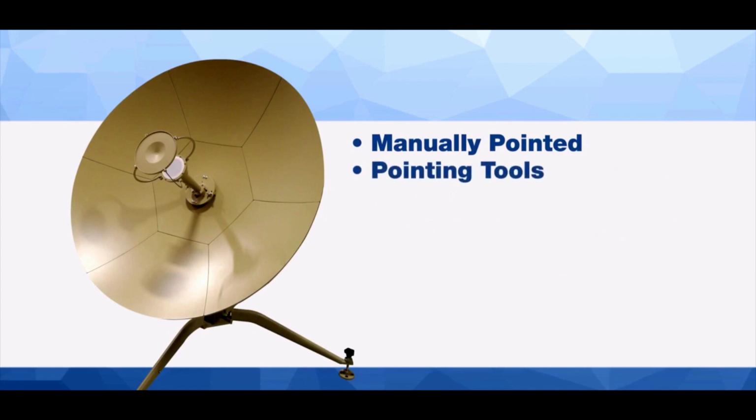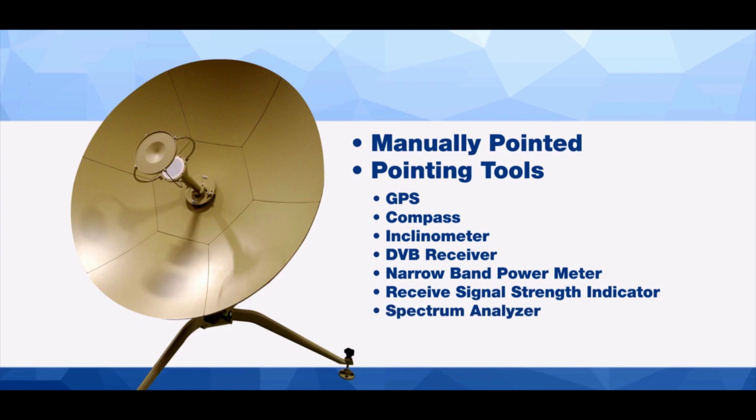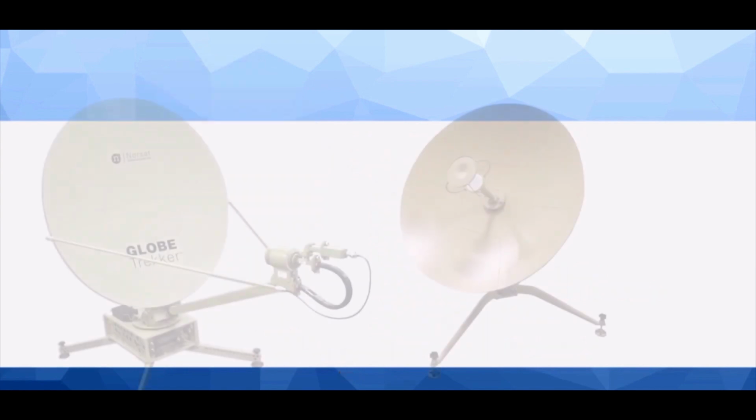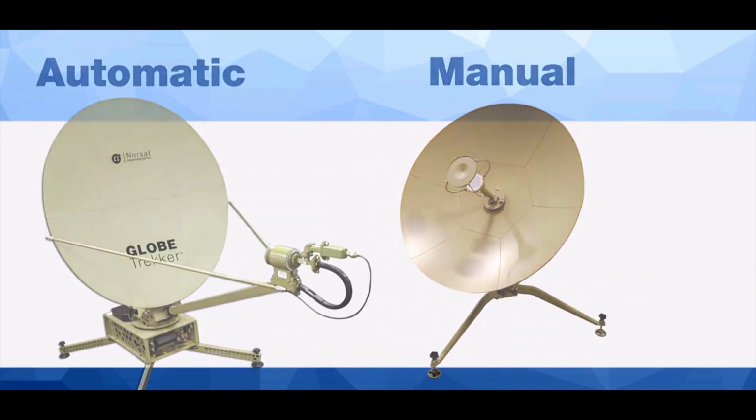Pointing tools to assist the user to acquire the satellite and peak the signal may consist of a GPS, compass, inclinometer, DVB receiver, narrowband power meter or received signal strength indicator, and a spectrum analyzer. The benefit of an assisted acquire system is that it is lighter and faster to deploy with an experienced user than an auto-acquire terminal.